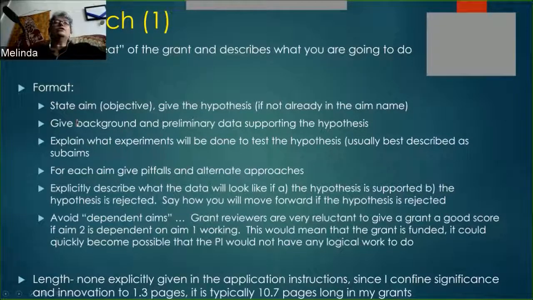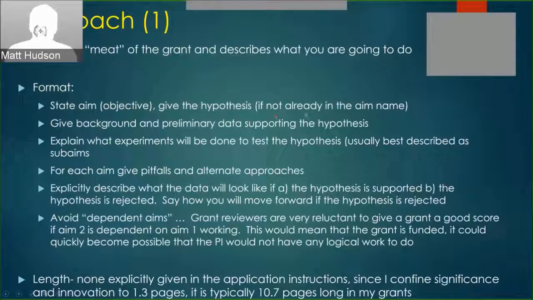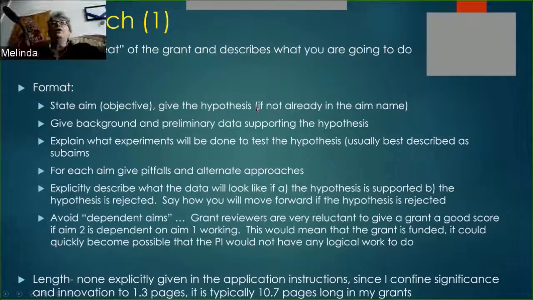Then you state your aim, and that is the first objective that you're going to try to reach. You can either state that aim as a hypothesis, or you will state the hypothesis somewhere here. And then you would give the background, and this is where I would personally recommend putting your preliminary data.